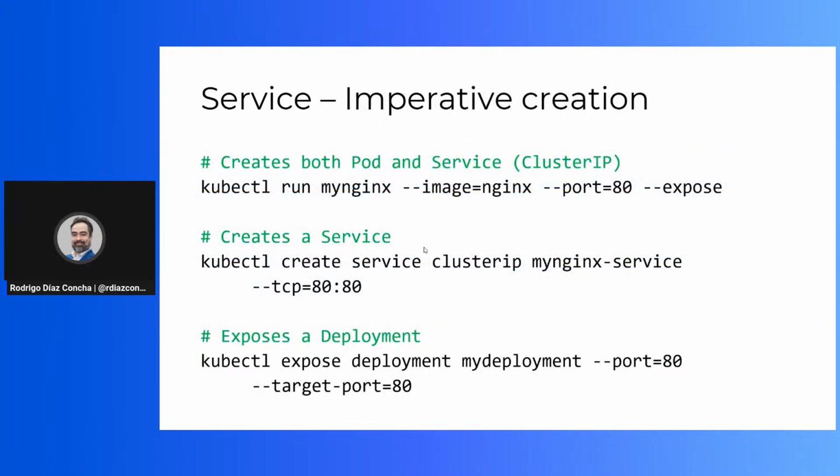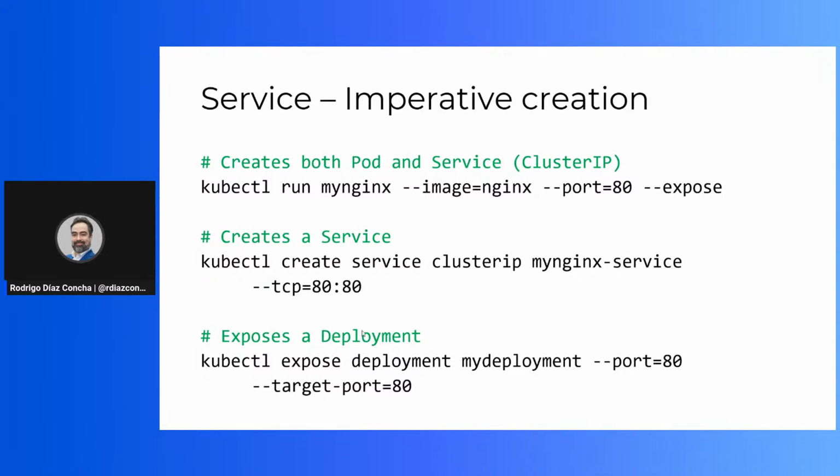So how in the world do you create a service? You can do that by using kubectl, as you can see here. Kubectl run, blah, blah, blah. This is creating a pod, and then it's exposing the pod as a service, okay? Or you can just execute kubectl create service, the name of the service, the type of the service, and then the ports that you want to use.